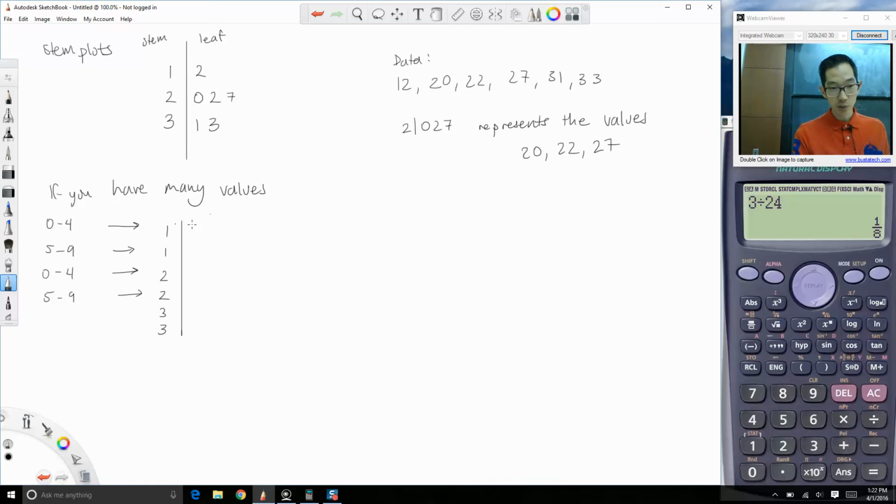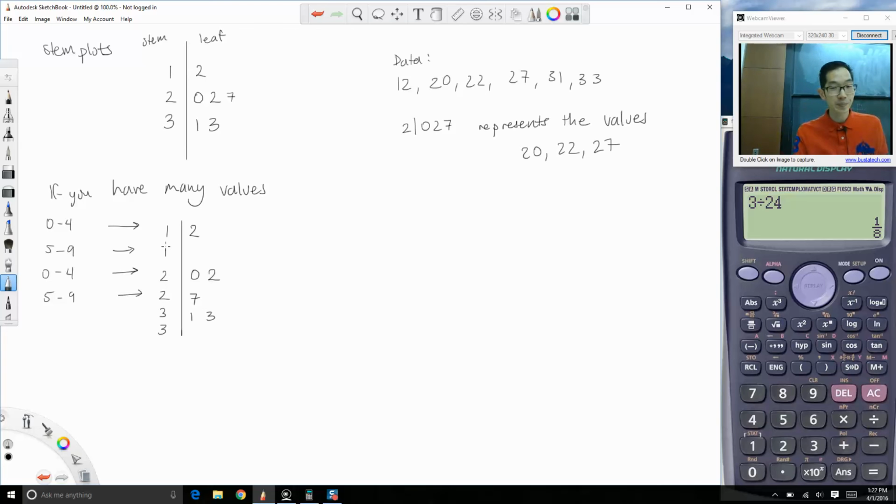So here our 12 would go up there. We would have no values over here. The 20 would go over here, and the 22 would go over here, but then the 27 would appear in this row. Okay, and 31 and 33 would appear there. If you have many values, you can split the stems into 2, so they spread out a little bit more.